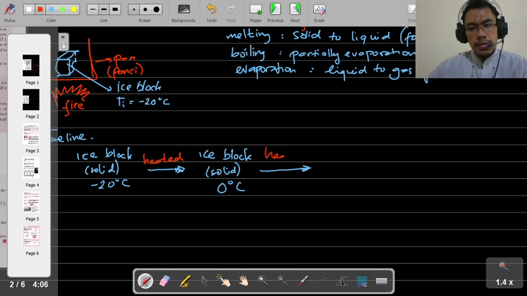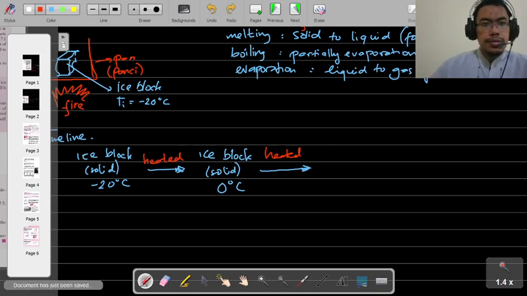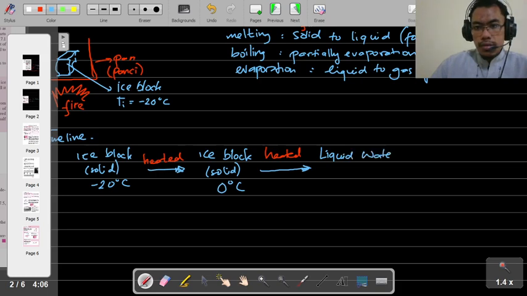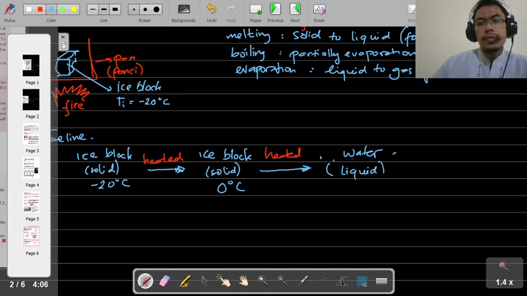And then heat it again, the ice block will transform into liquid water, and the temperature is 0 degrees Celsius.